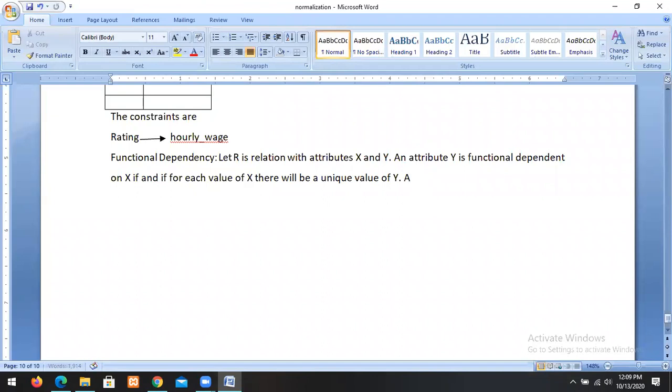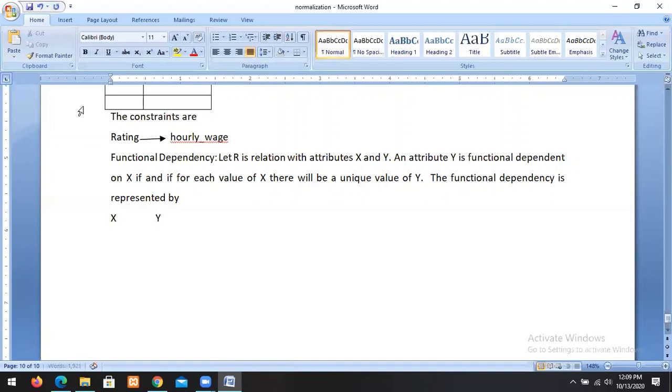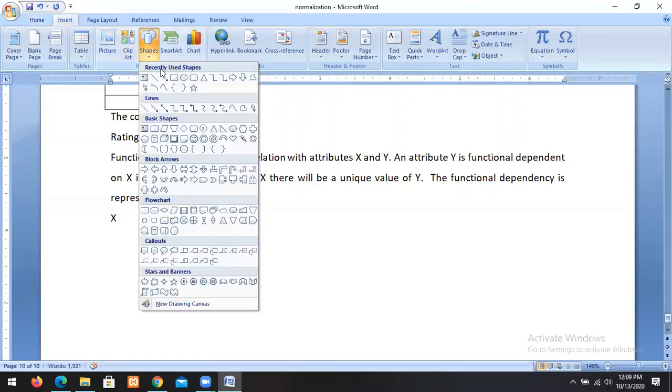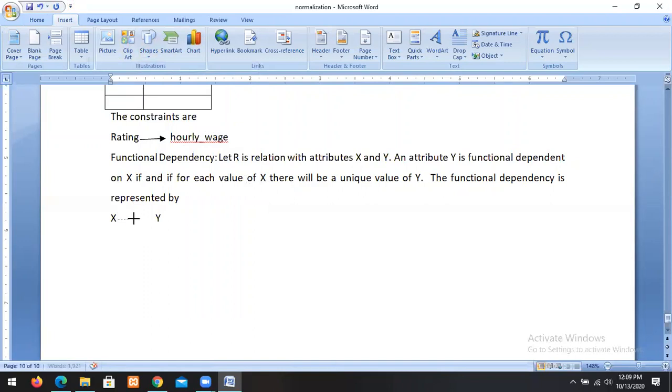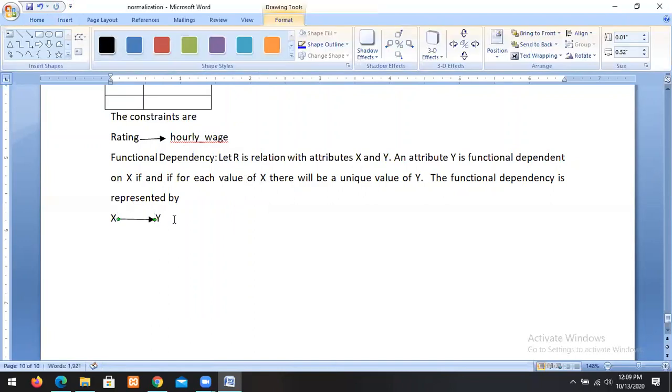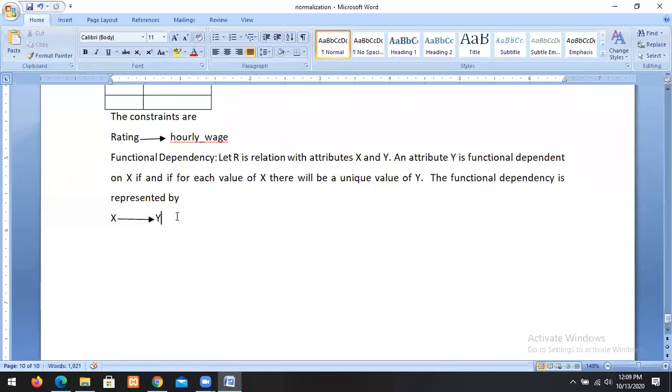A functional dependency is represented by x determining y, meaning y is functionally dependent on x.